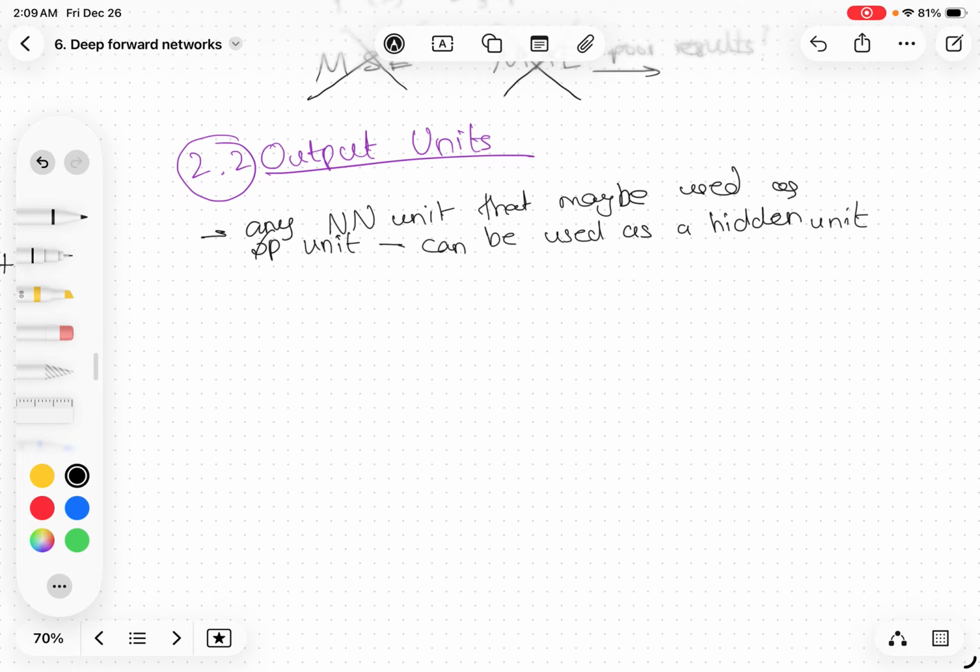Let's just say we have, first, linear units for Gaussian output distributions.